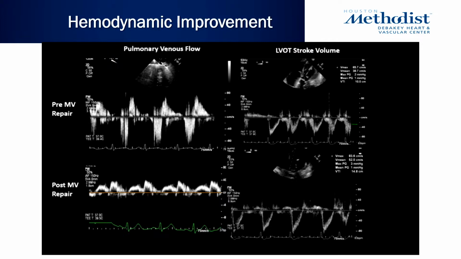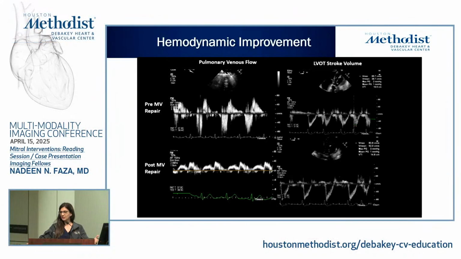Some cases are very clear. You look at your color Doppler and it's clearly mild or trace, but some can be more tricky, and that's why we also rely on other non-invasive and invasive hemodynamic measures to let us know that we have significantly reduced the LA pressure as a marker of MR reduction. So here we look at the pulmonary venous flow at baseline, and you can appreciate that there's systolic flow reversal.